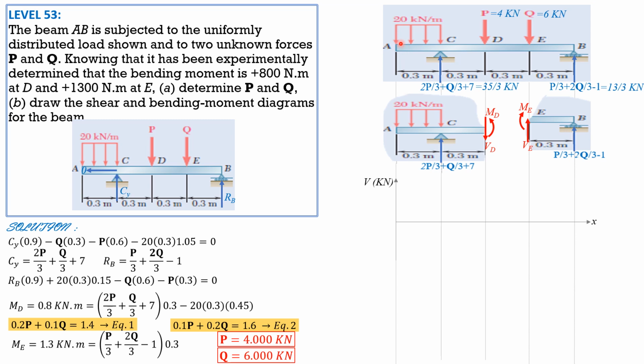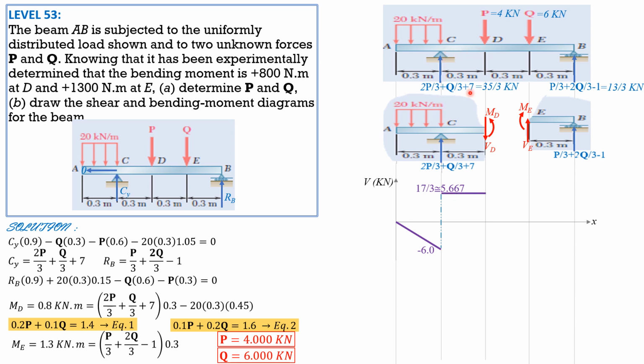Then we have loading area negative 20 times 0.3, so negative 6. Sloping down, constant slope of negative 20, but it is a straight line. Then we have negative 6 here. Then plus 35 over 3 going up. So it is 17 over 3, or in decimal 5.667.